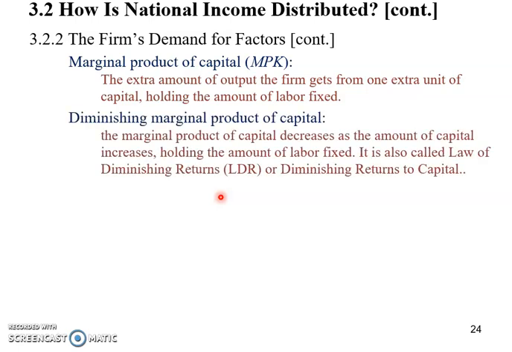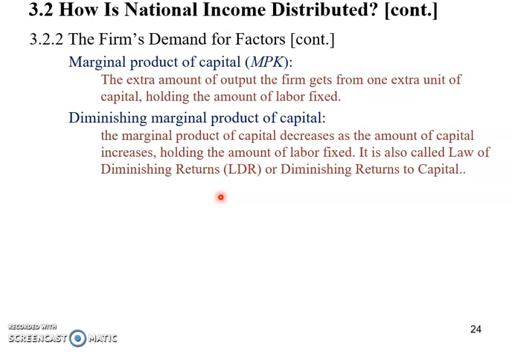Now, before we talk about the profit maximization with the adjustment of capital, we would briefly talk about this very important thing, the LDR. The marginal product of capital decreases as the amount of capital increases, holding the amount of labor fixed.